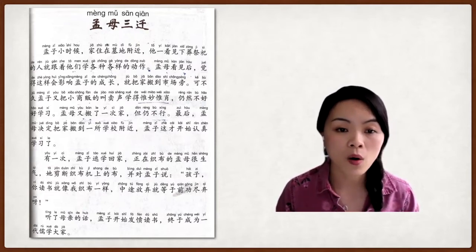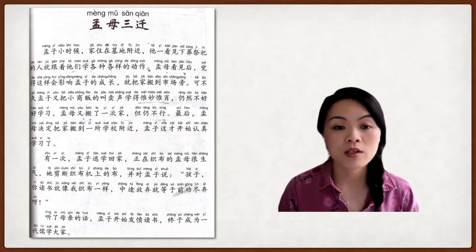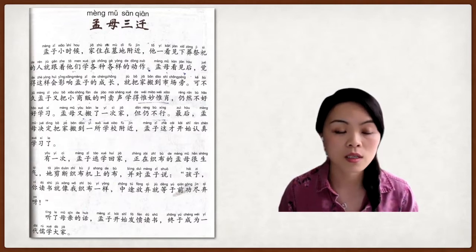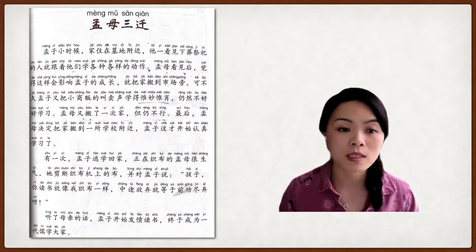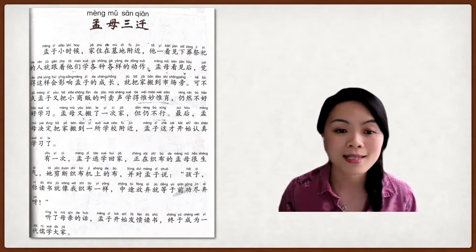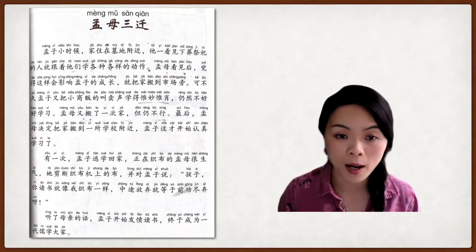孟母看见后 the second sentence. So the mother of Mencius saw that, and she thought it's going to influence the growth of Mencius. 就把家搬到市场旁.